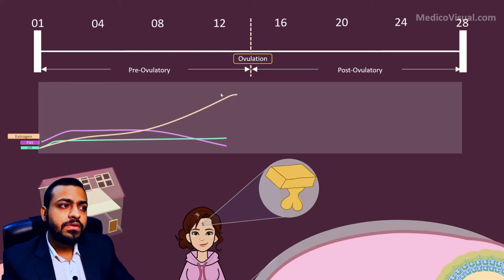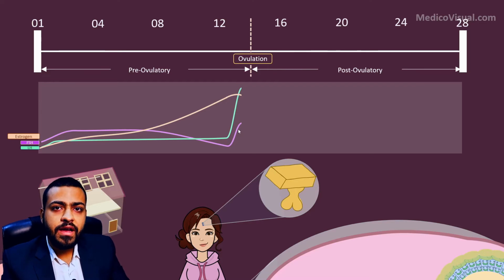Due to this very high estrogen level, one of the hypotheses is that during the mid of the cycle, somewhere around the 12th or 13th day, suddenly there is a surge of LH as well as FSH.